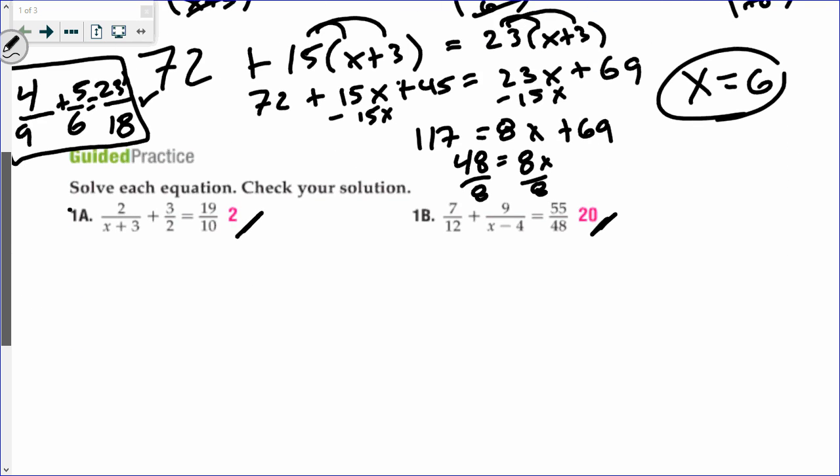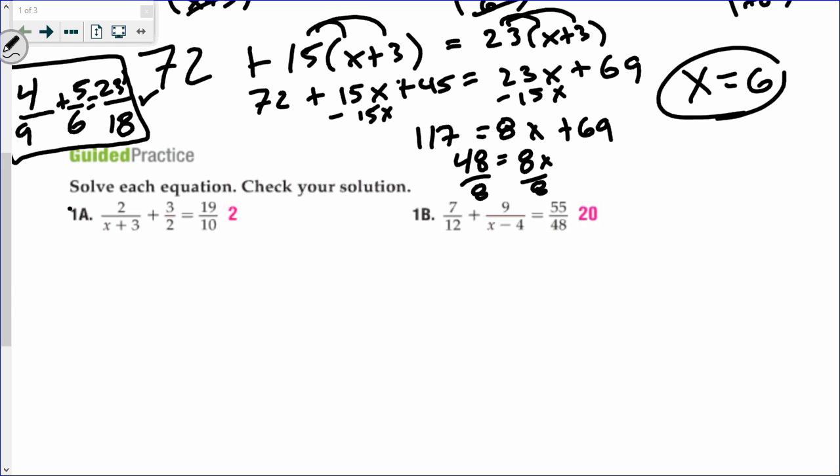So if you're back with us here, let's take a look at 1a. 1a's least common denominator, what is it going to be? 2 and 10, that should be 10 times x plus 3.